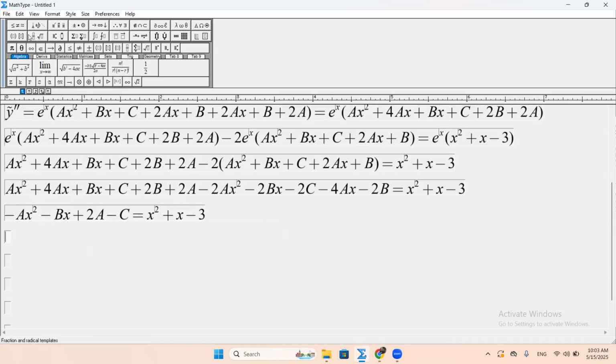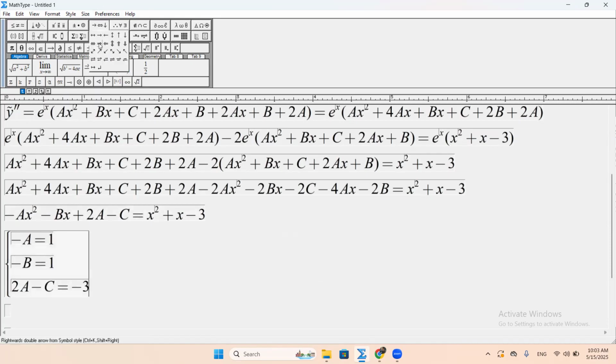So we received the following system of linear equations. We can see that minus a equals 1, minus b equals 1, and 2a minus c equals minus 3.